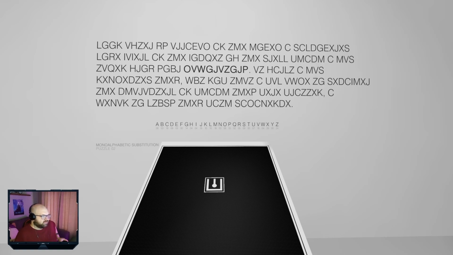Not the clear text, the cipher text. So let's go A, 00. Are there any A's in this text? I'm just skimming for A's right now.